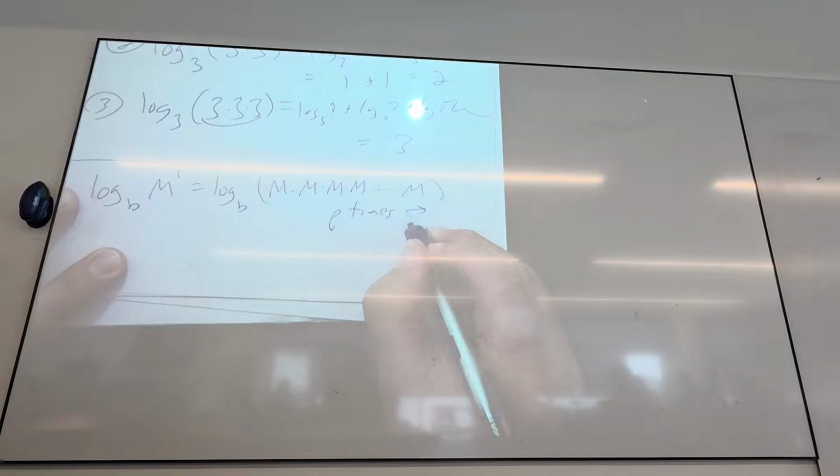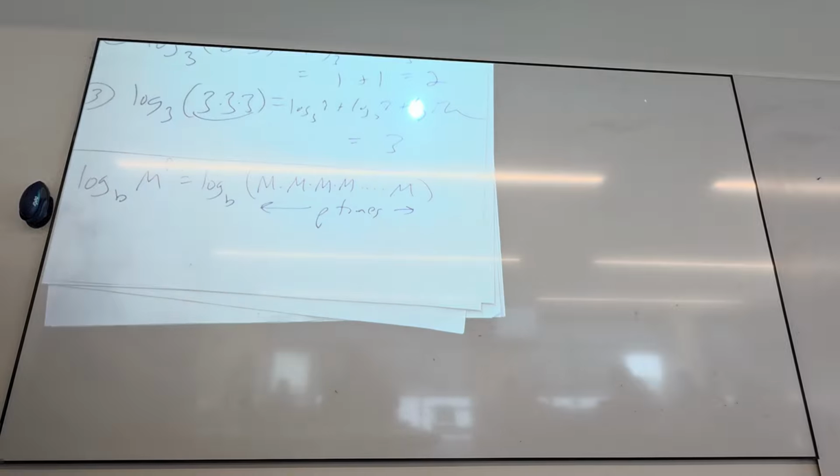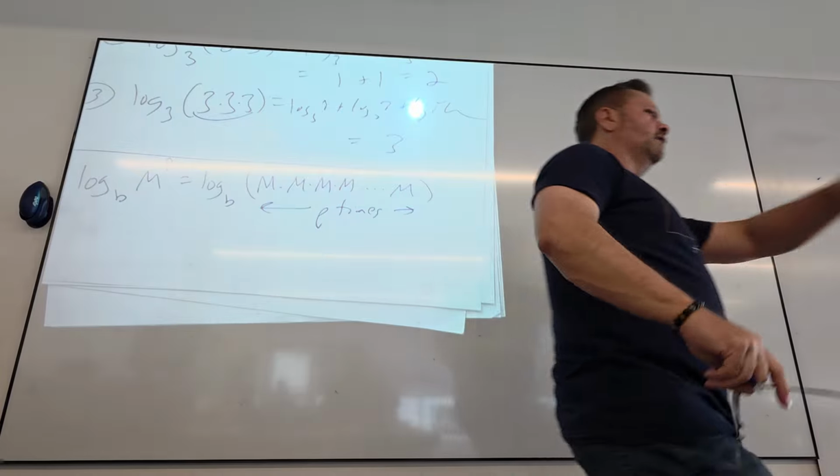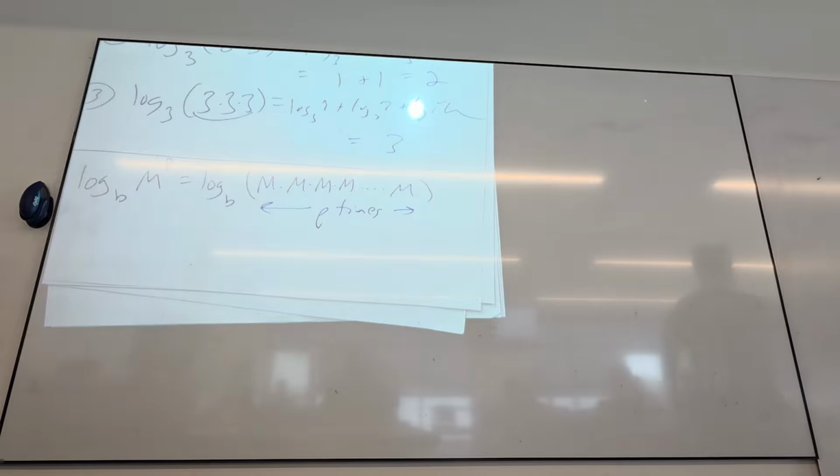Does that make sense? What does m to the p mean? M times m, p times. M to the 7th would be 7 m's, so m to the p is p m's. Yes? Stay with me now. I'm still deriving. This is nothing you'll have to do because we have a shortcut coming up.